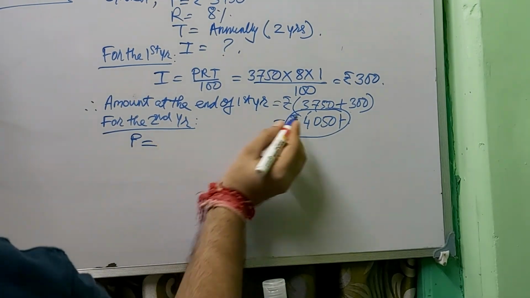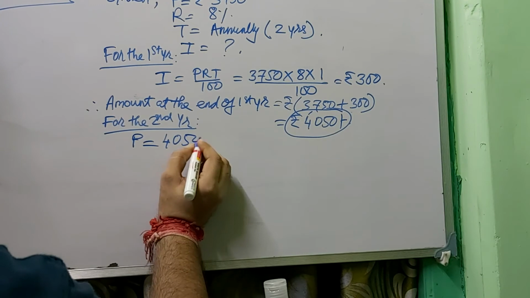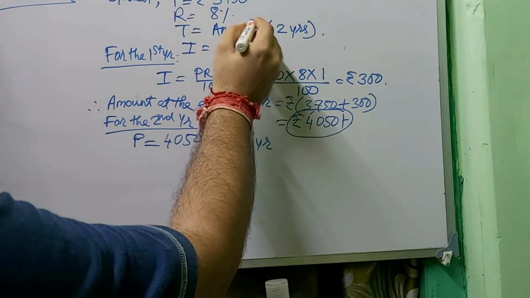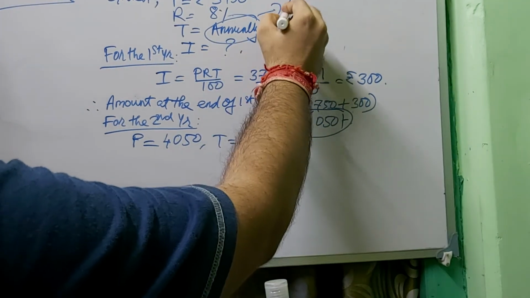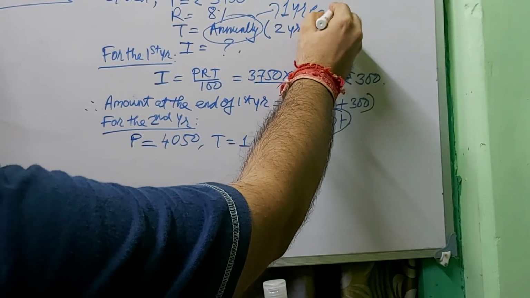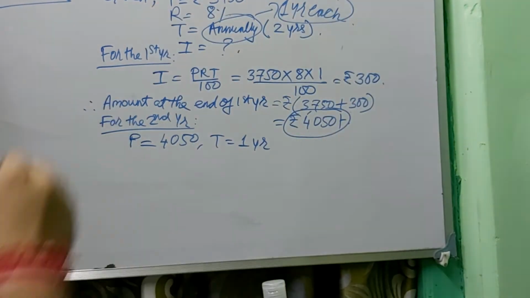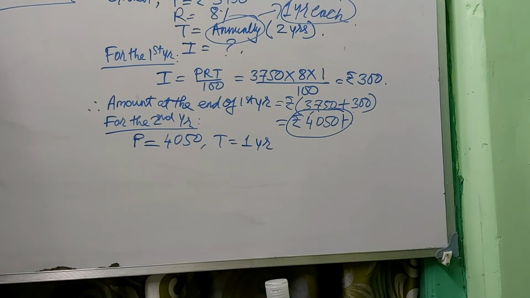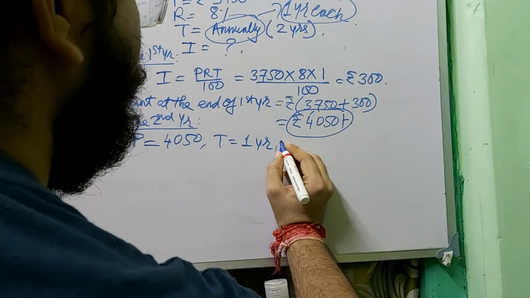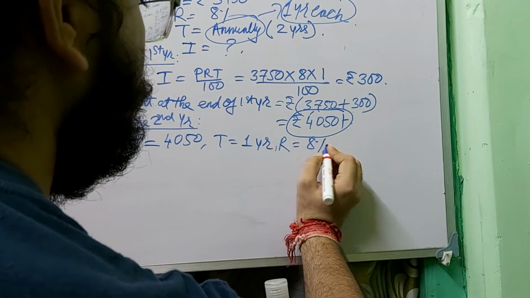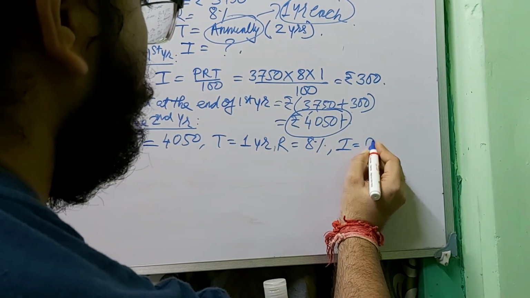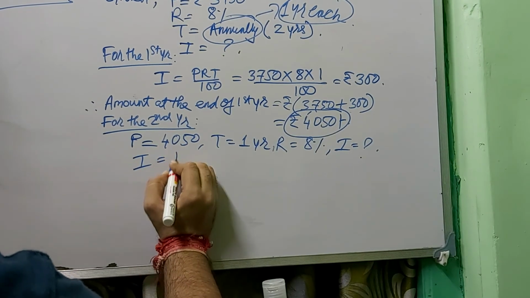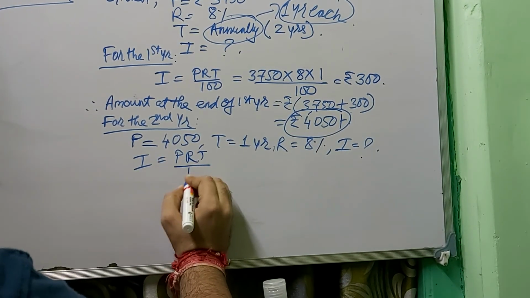For the second year, principal now becomes 4050. Time is obviously 1 year, because annually it is compounded. Rate remains the same, R is 8%. So you have to compute I again, with the same formula, I is equal to PRT by 100.